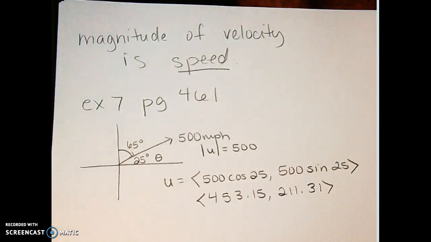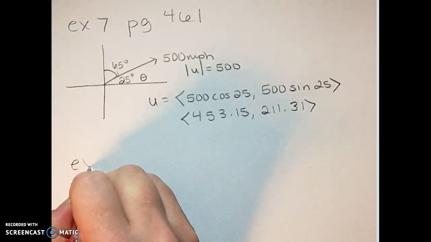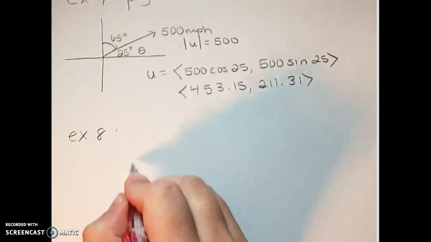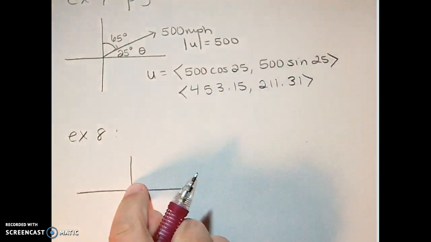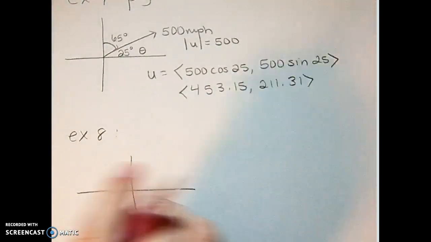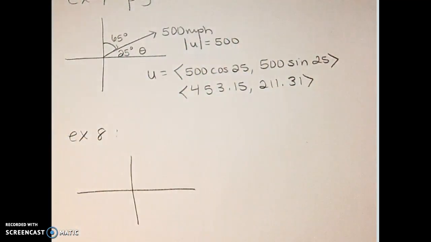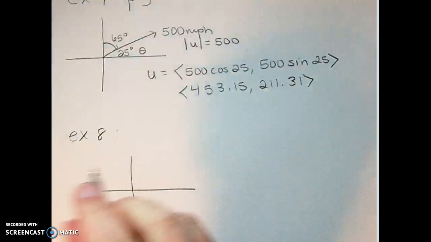Next, example 8 talks about a pilot's flight plan leaving San Francisco International Airport and flying 727 due east. So we are flying due east, right? That general direction. There's a 65-mile-an-hour wind with a bearing of 60 degrees.